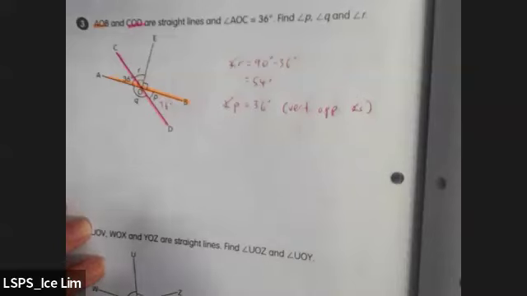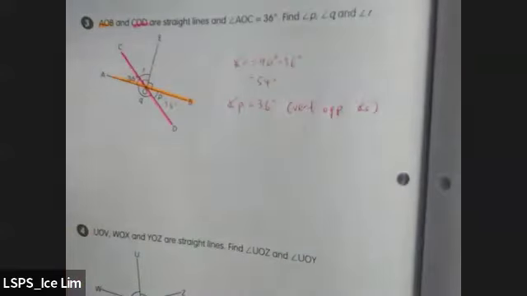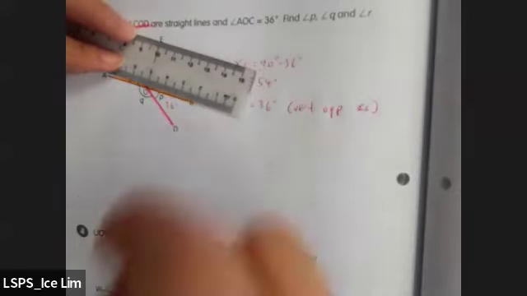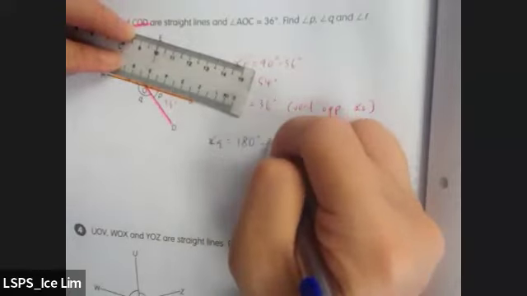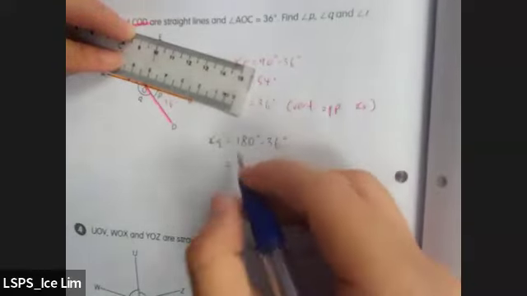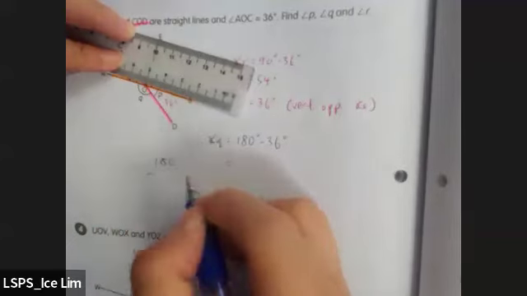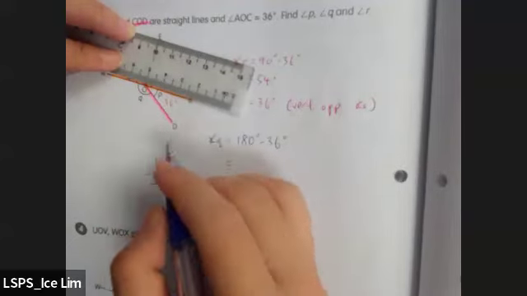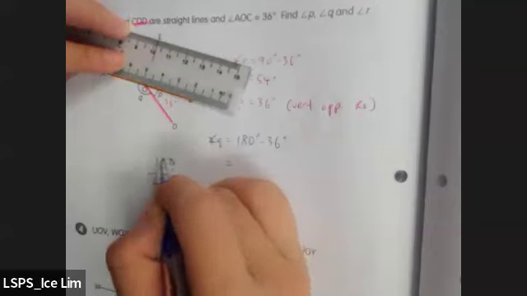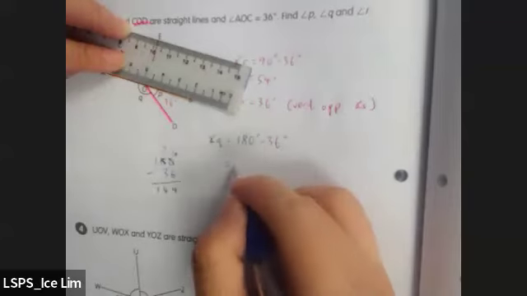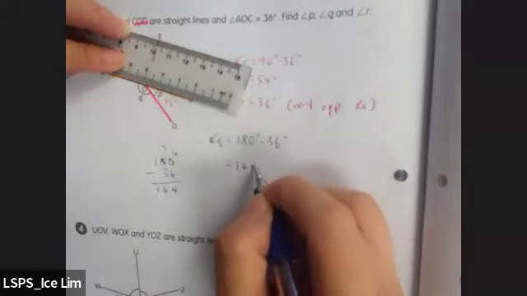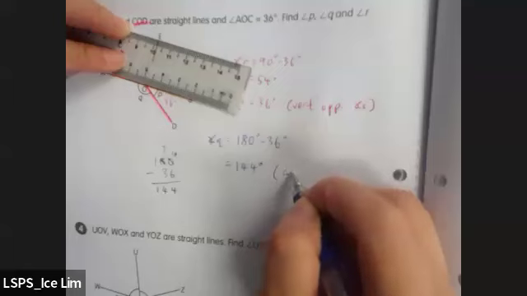You realize the Q becomes easy too, right? Because you could find this. That's 180 degrees minus 36 degrees. That's sum of angles on a straight line.